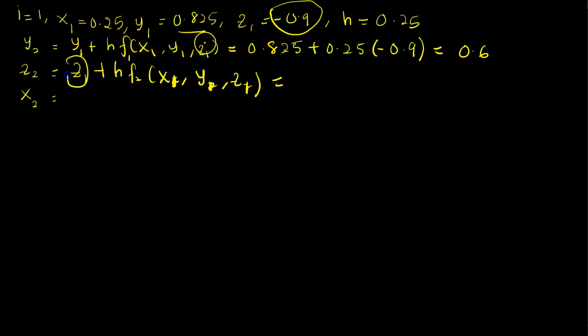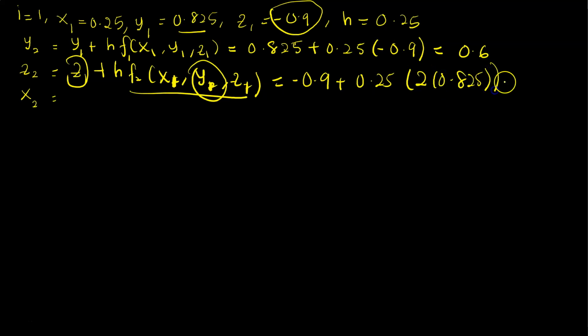Our z1 is negative 0.9, plus h of 0.25, but function number 2, if you refer to the previous slide, is 2y, so we multiply 2 by y1, that is 0.825. We get the answer equal to negative 0.4875. And then x2 will be equal to our x1 plus h. That is 0.25 plus 0.25, you get 0.5.